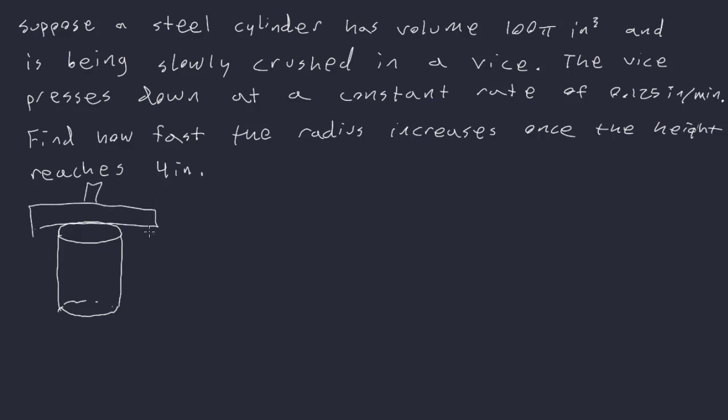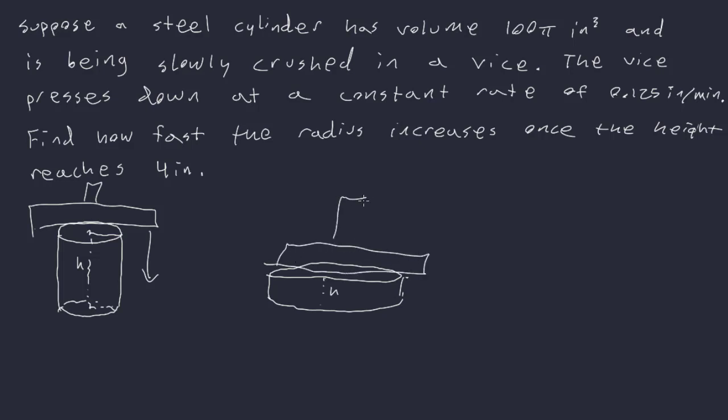The vise is pushing downwards, and as it pushes downwards, the height of the cylinder starts going down, it's decreasing, but at the same time, the radius increases, because the volume of the cylinder should stay the same. All we're doing is crushing the cylinder in a vise, so the height is decreasing as the radius increases.